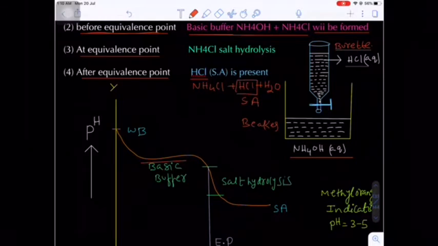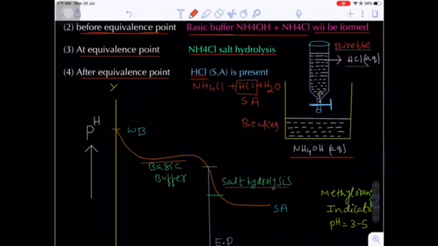Before the equivalence point you have a basic buffer solution. Once we reach the equivalence point, what happens? Salt will be produced, that is ammonium chloride.